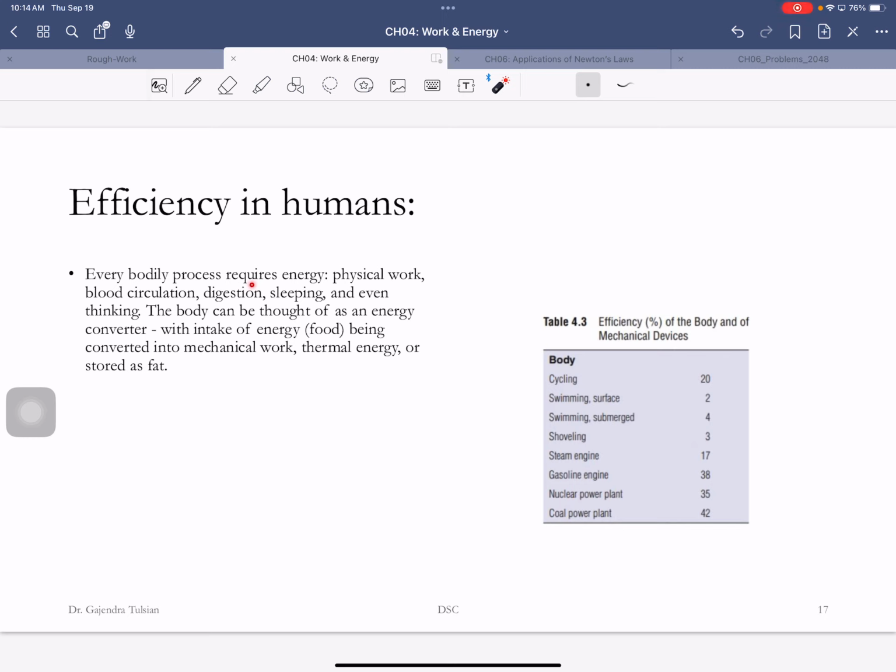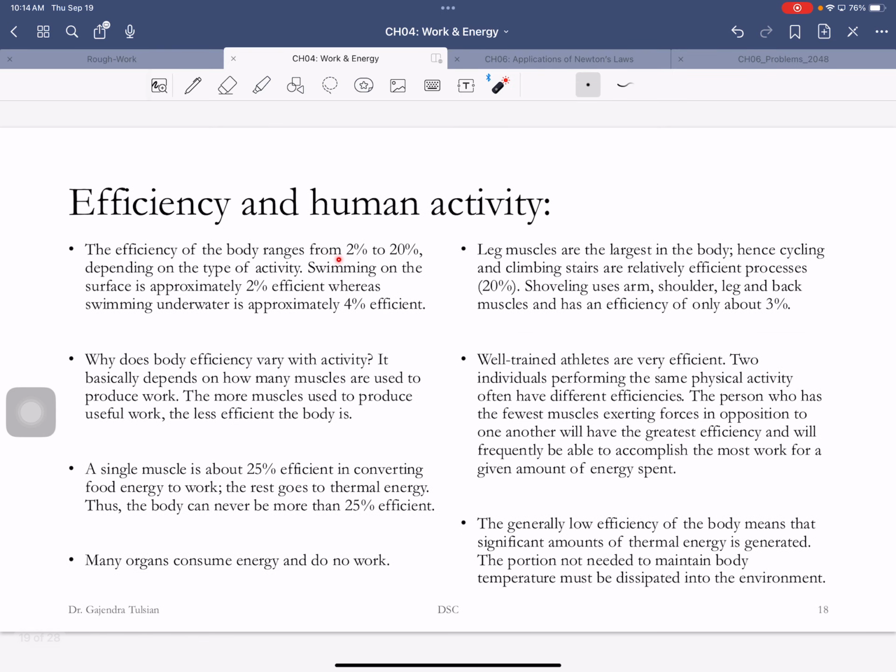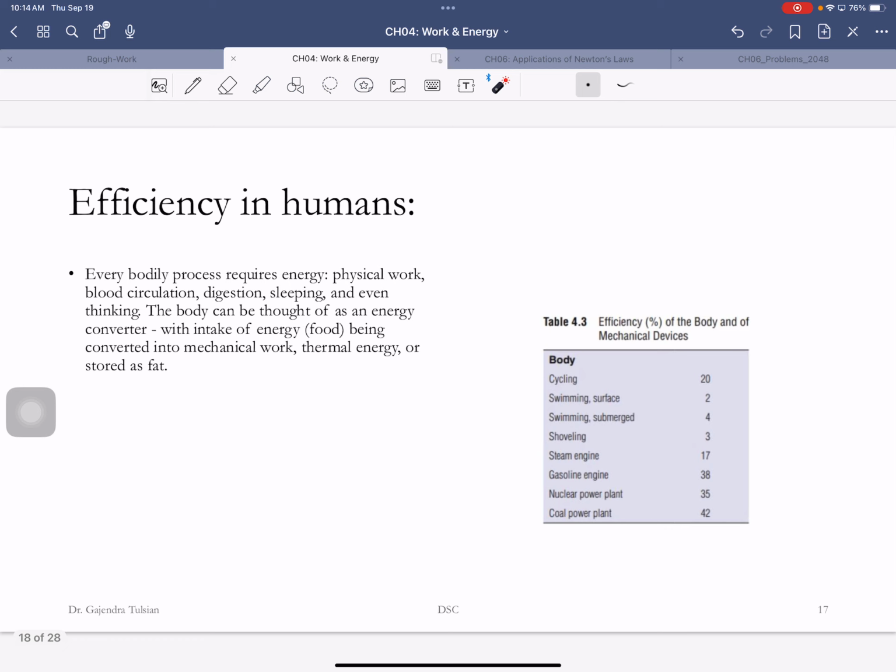Every bodily process requires energy: physical work, blood circulation, digestion, and so on. So our body efficiency ranges from 2 to 20%. And again, you saw that swimming on the surface is 2%, swimming underwater is 4%.